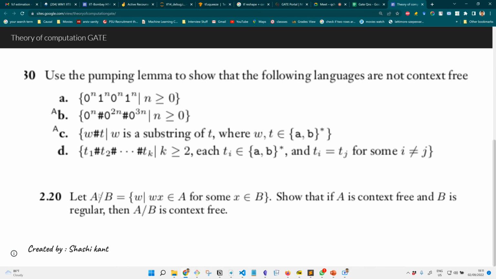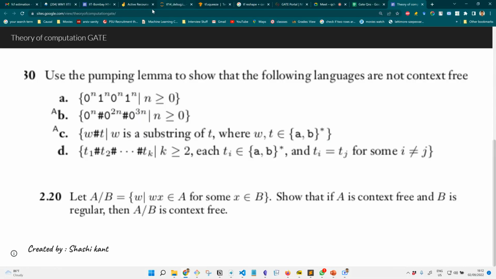You cannot take this to be a general operator. In this question, the language A slash B contains the set of all strings w such that wx is in A, where x is in B. Maybe I'll go to the slides. Can you read out the question for me?